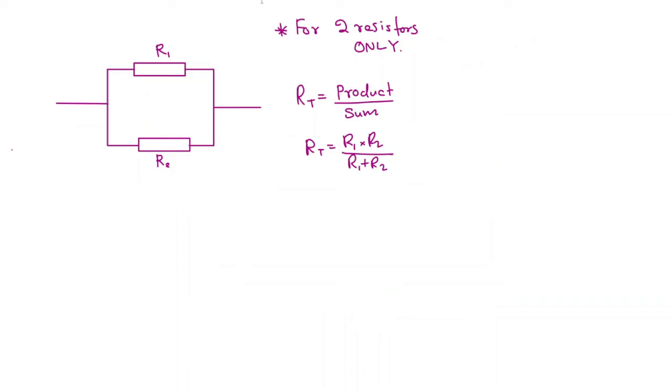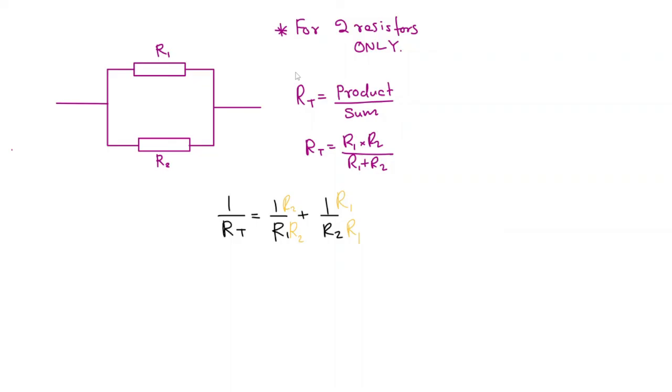Now, this just looks like a trick that you can use to get the resistance value really quickly when you have two resistors. But let's understand the theory behind it. The formula for two resistors is 1 over R total equals 1 over R1 plus 1 over R2. To get the common denominator, I'm going to multiply this one by R2, and this one by R1.